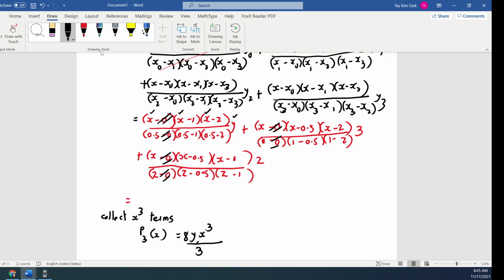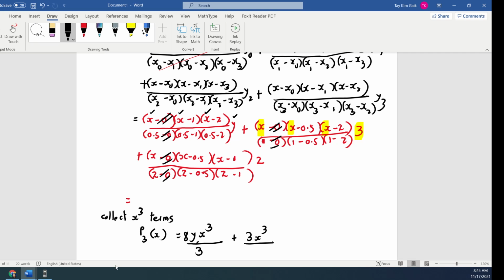Okay, I only collect the x cubed term, because the x cubed is only one possibility, x cubed times y. And for the second term here, the red color second term, to get x cubed, I will take this x times this x times this x times 3. So you have 3x cubed, 3 times x cubed in the numerator. Okay, the denominator you have to calculate.